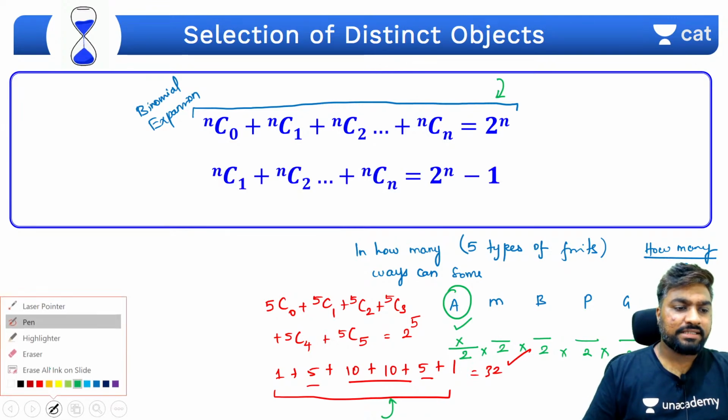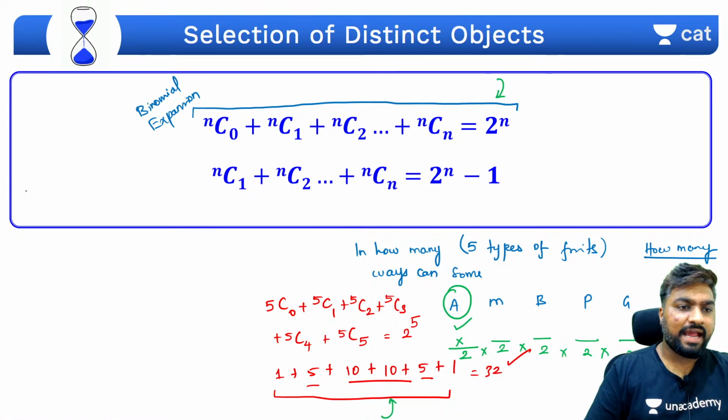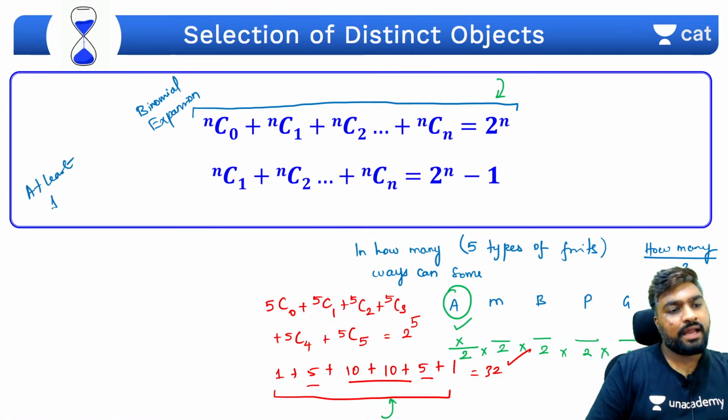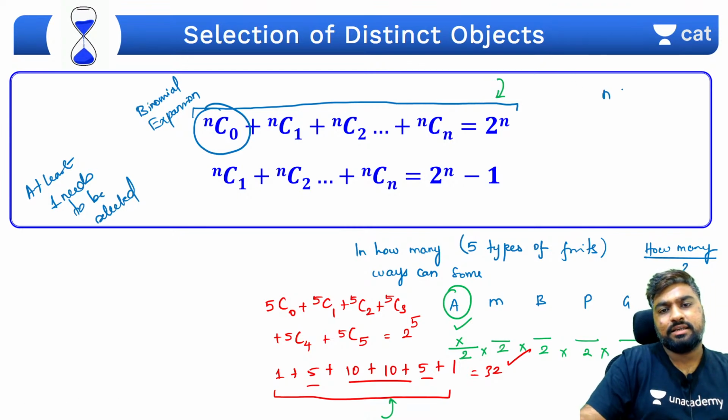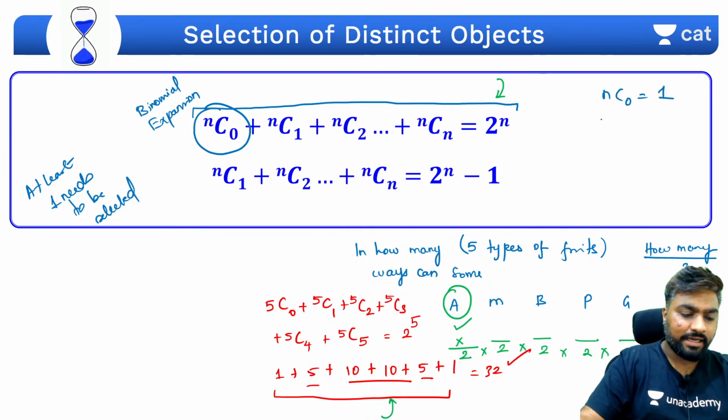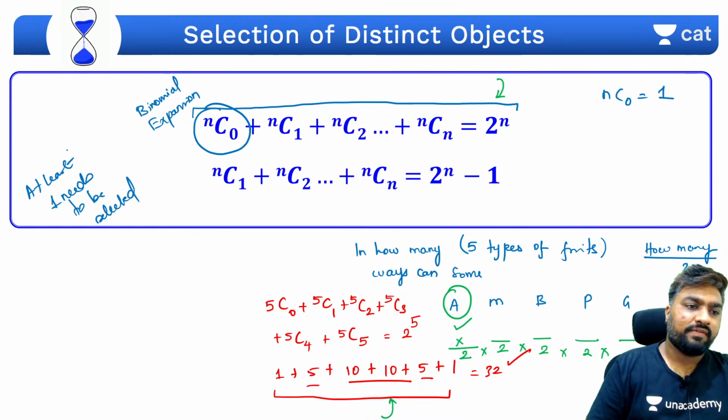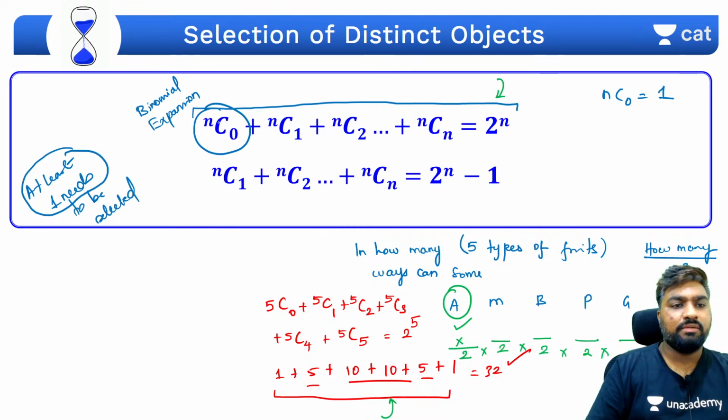So if they are asking a situation where at least one needs to be selected, that means I cannot include NC0 in this. NC0 needs to be excluded. What is NC0? NC0 is basically 1, correct? So if the condition is given that at least one needs to be selected, then you remove NC0.